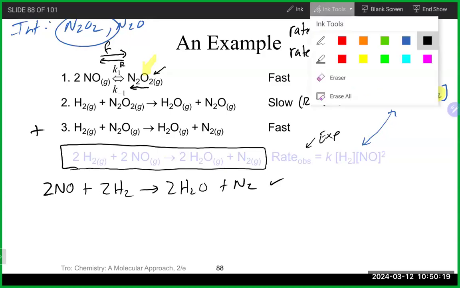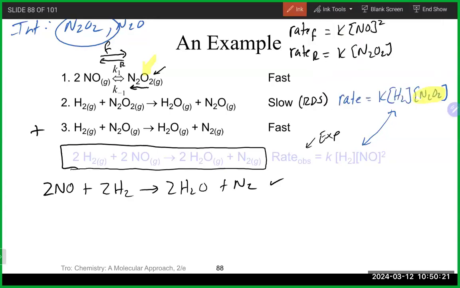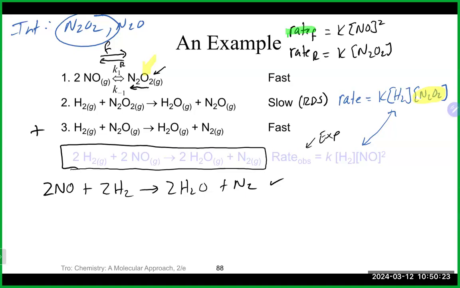And the way it's going to help us is, in this particular case, this rate here and this rate here, although we do not know what it is, will actually be the same number, because that's what it means when it reaches equilibrium. They're going back and forth at the exact same rate. So although we do not know what that number is, we do know it is the same number.